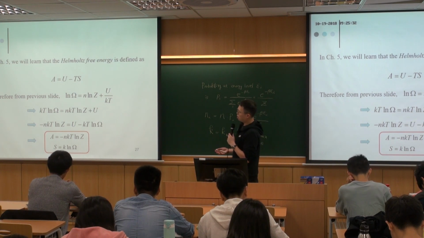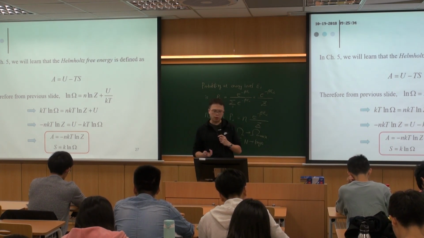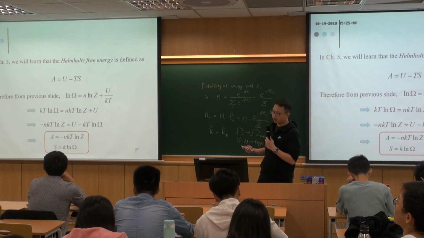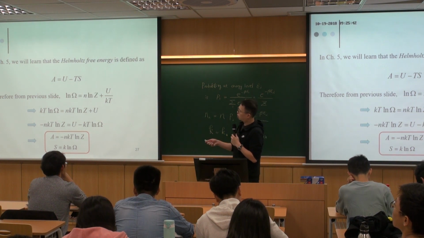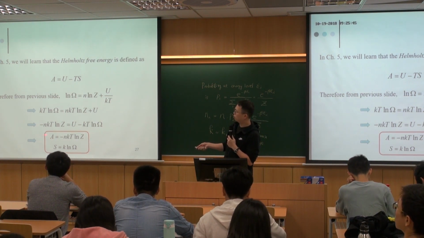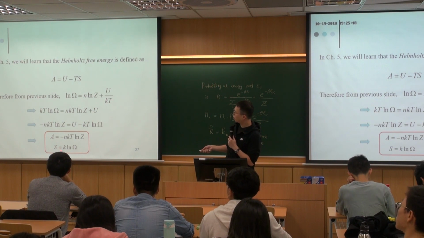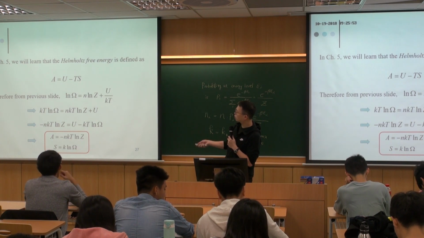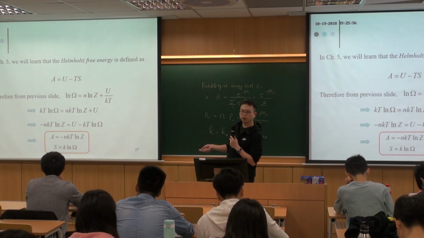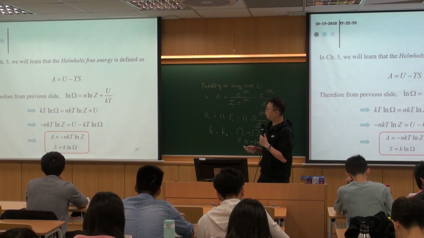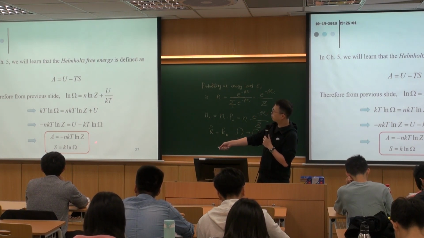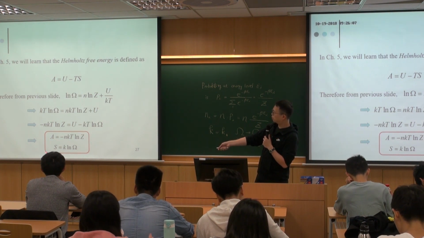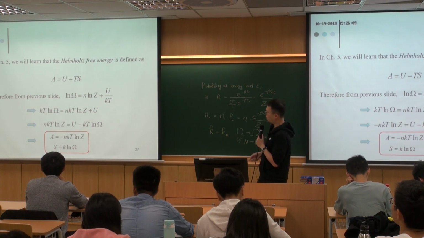So it depends on what kind of macroscopic quantities you're going to calculate. For instance, if you want to calculate Helmholtz free energy, as long as you know the partition function, then you know how to calculate it. And for entropy, as long as you know how many combinations your system can have, then you can calculate this by the Boltzmann equation. So this is a very interesting analogy between these two. For Helmholtz free energy, you use the partition function. For entropy, you use omega, or multiplicity.